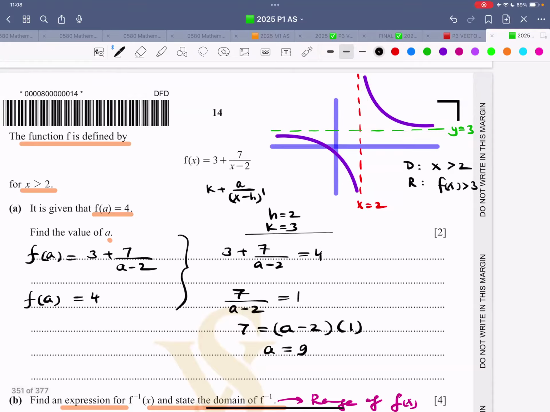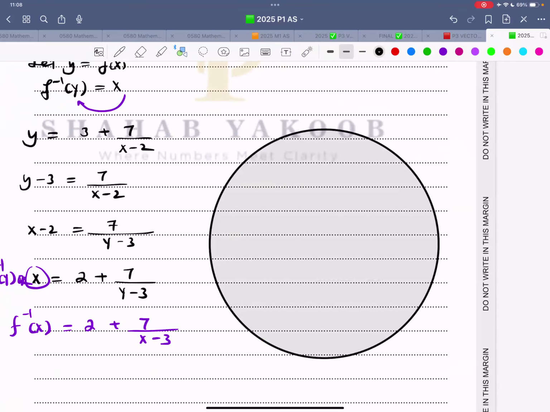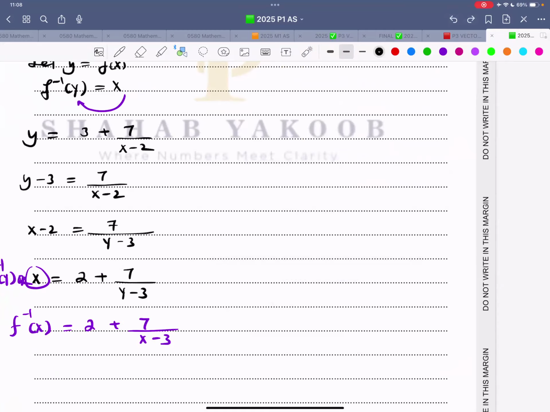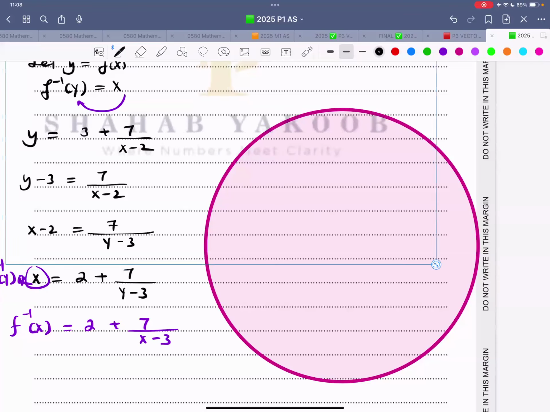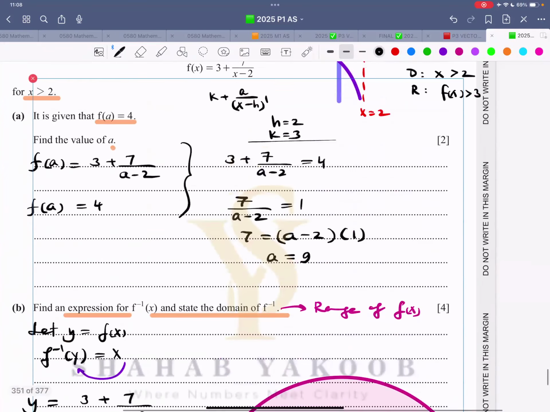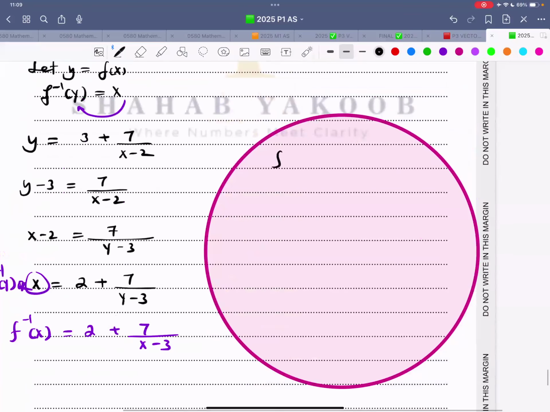So there is also another way. If you want to understand, let me tell you another way also. So the other way is this: f(x) is equal to 3 plus 7 over x minus 2.